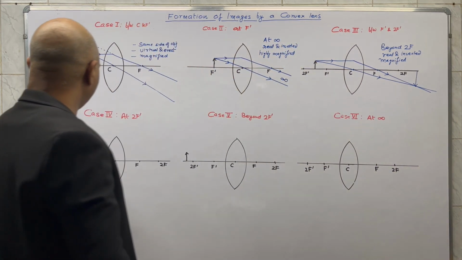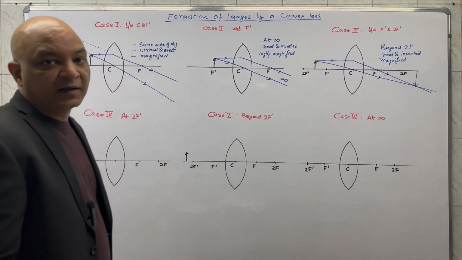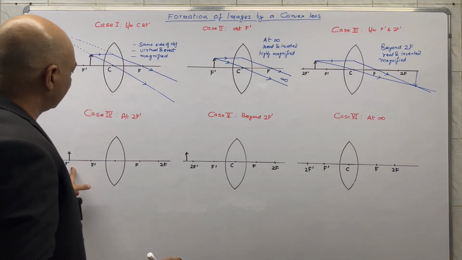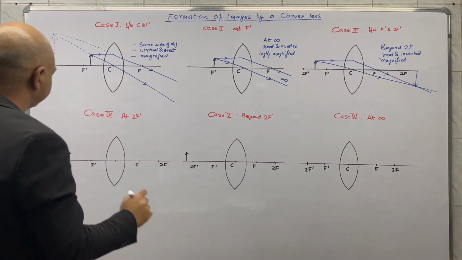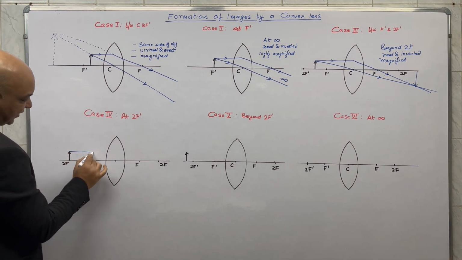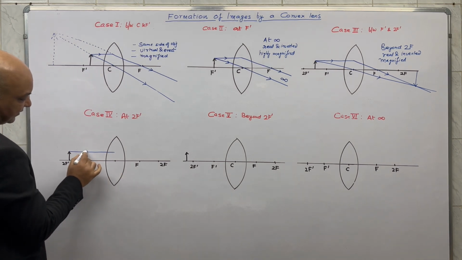Right. Fourth case. This is again interesting. Now, when the object is kept at 2f dash, now first ray I am taking parallel to the principal axis.